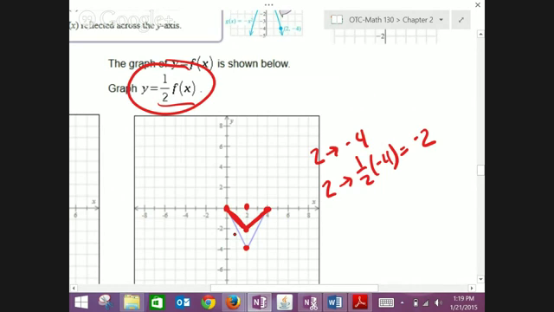So the domain did not change at all, but the range, the 1/2, shrank it vertically, which is exactly what you'd expect 1/2 a function to do, right? But f of 1/2 x is going to stretch it by a factor of 2. F of 1/3 x is going to stretch it by a factor of 3. Right?